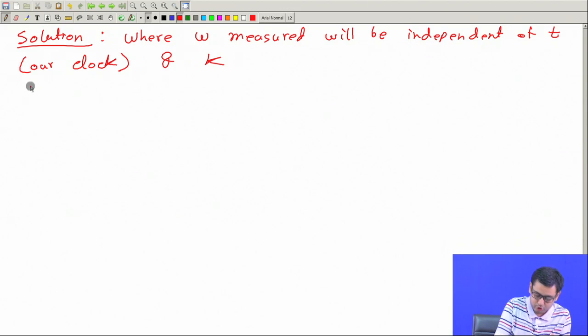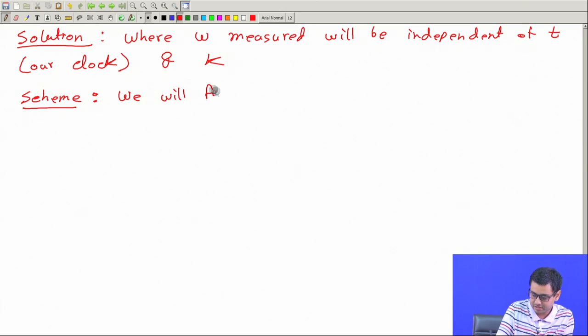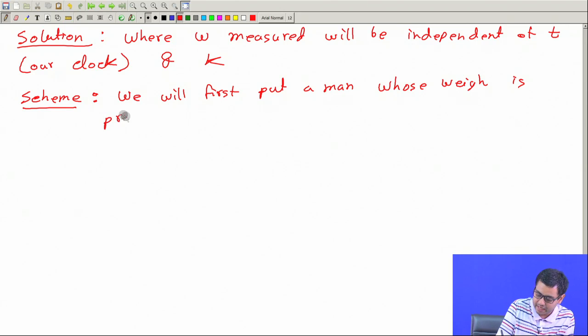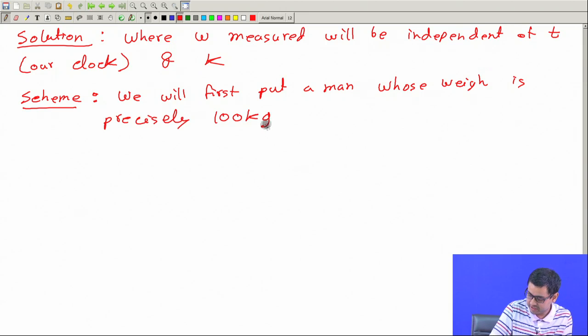How? So, the scheme is this. We will first put a man whose weight is precisely known, say it is precisely 100 kg, maybe too heavy he is, but okay, he or she is.